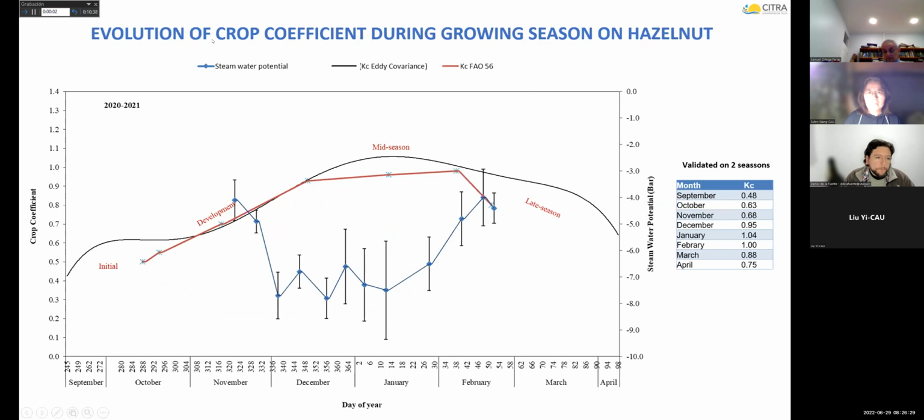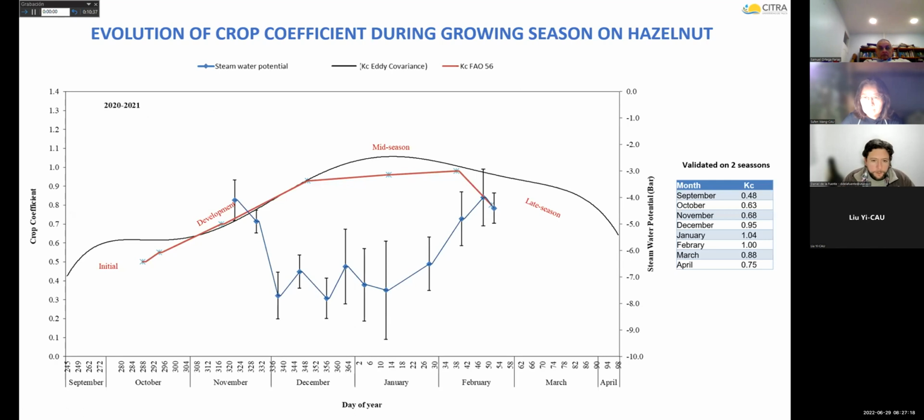Then, as an example, you can see the evolution of crop coefficient during the growing season, and in red are the FAO 56 Kc values tabulated in the book, and in the black line you can see the real Kc values from our eddy covariance, validated over two growing seasons. This is the summary of the local Kc values from the hazelnut orchard during the whole season.